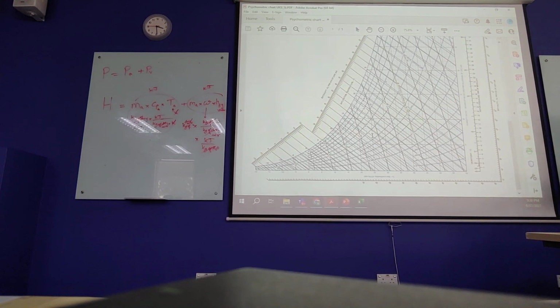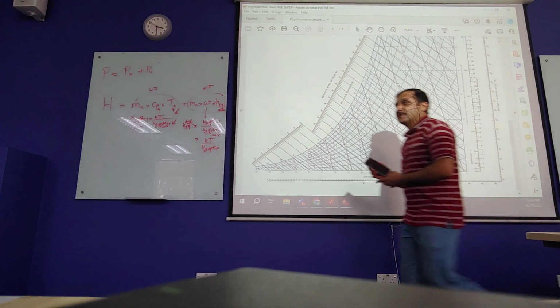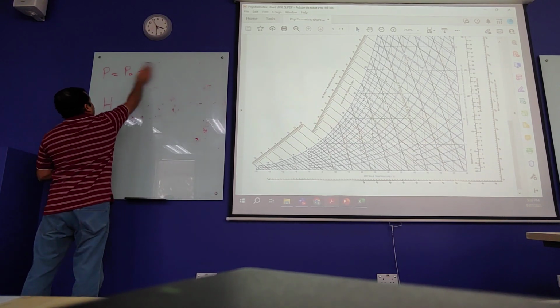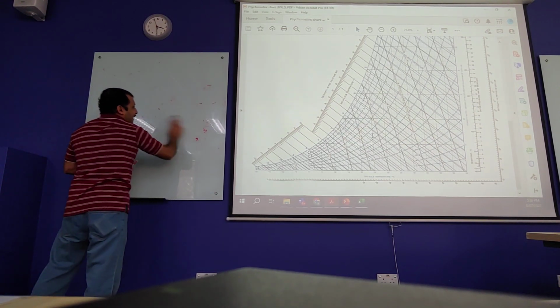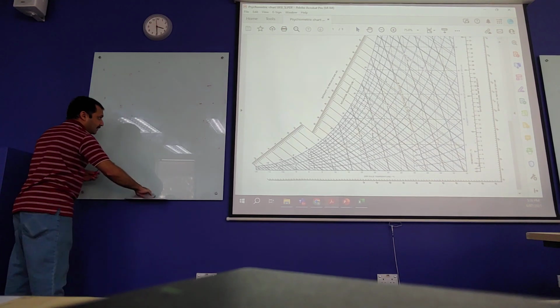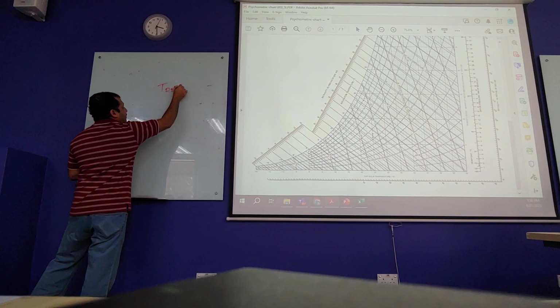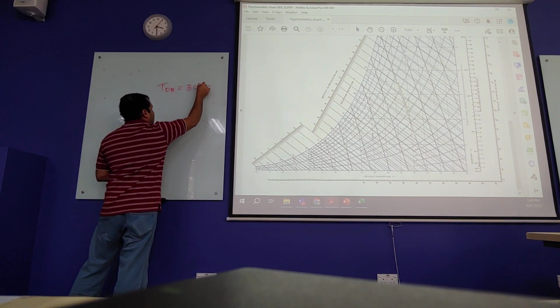And let's do a quick exercise. So if dry bulb temperature was, let's say 30 degrees Celsius and wet bulb was 25 degrees Celsius, dry bulb 30 degrees Celsius.